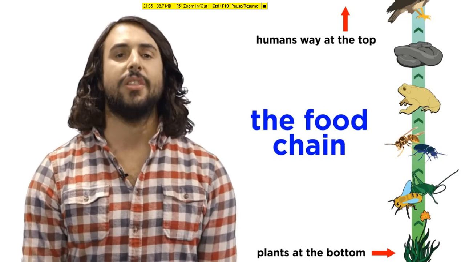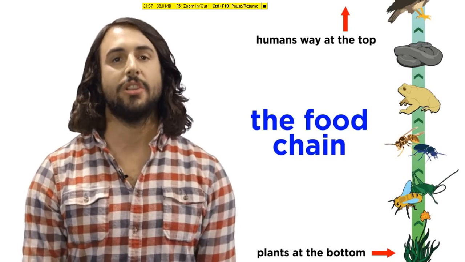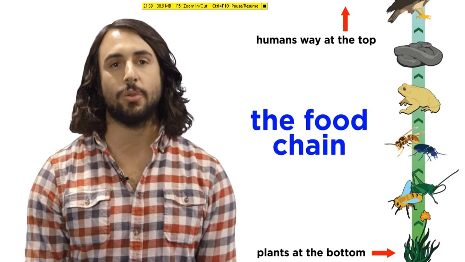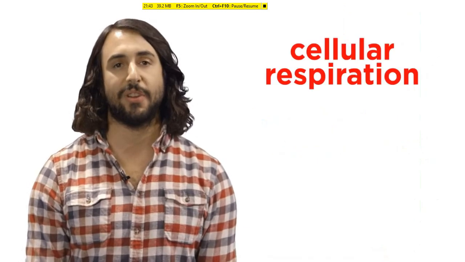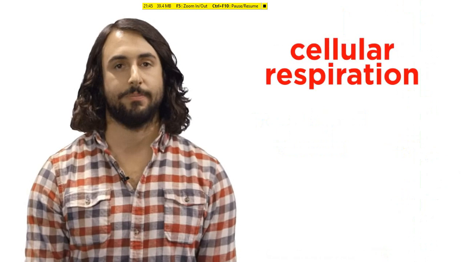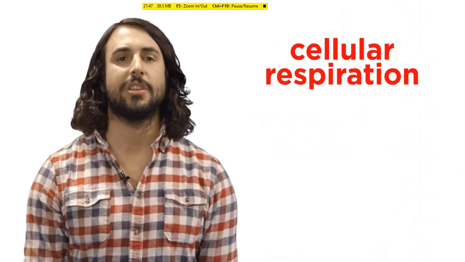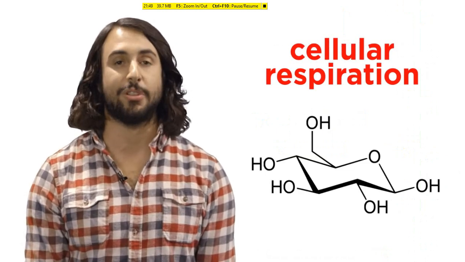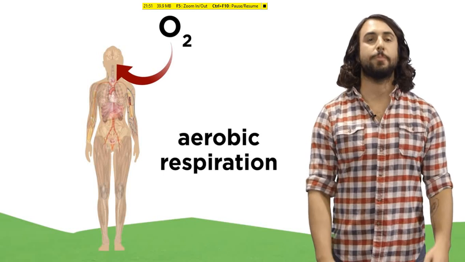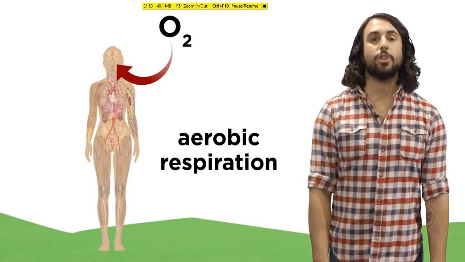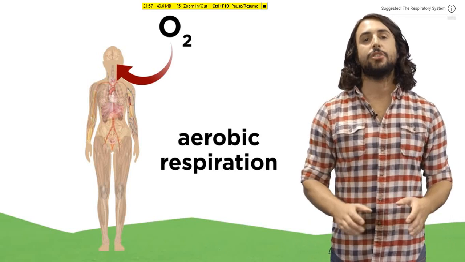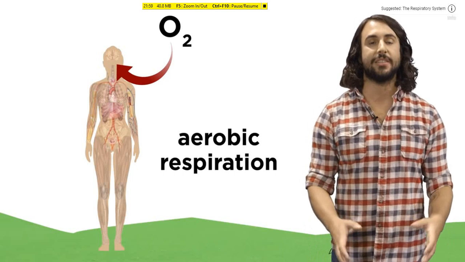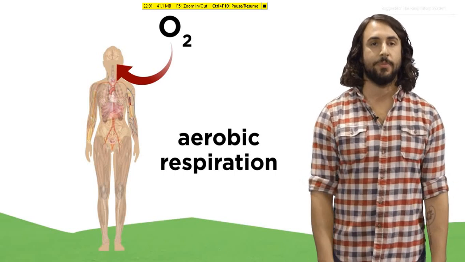And it is all of this glucose, among other biomolecules, that becomes the starting material for metabolic processes in our bodies. This degradation of biomolecules to generate energy that cells can use is called cellular respiration, or sometimes more specifically, aerobic respiration. Let's see how this works, looking at glucose as the substrate. Aerobic respiration requires oxygen, so any organism that breathes in oxygen from the atmosphere is doing so in order to facilitate aerobic respiration.